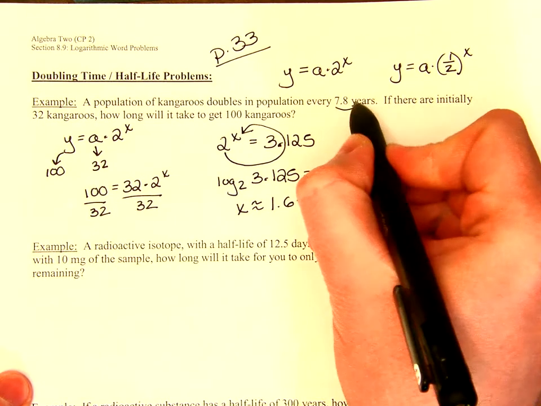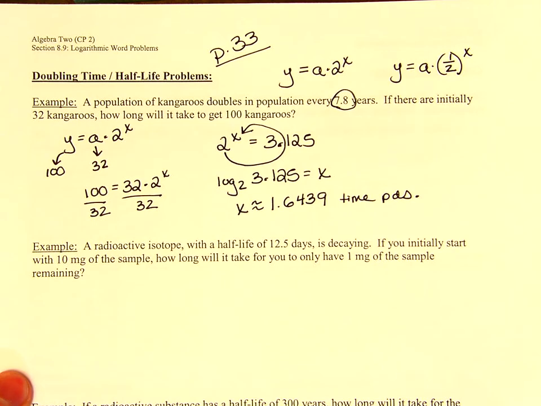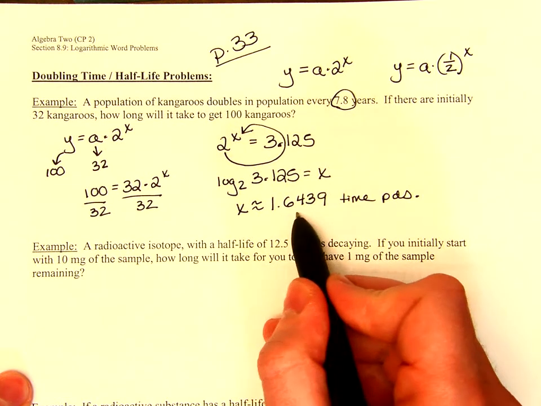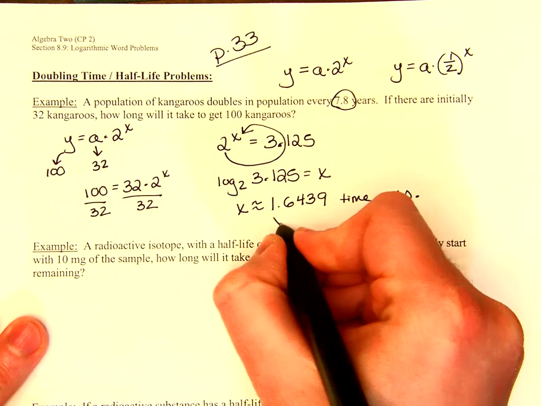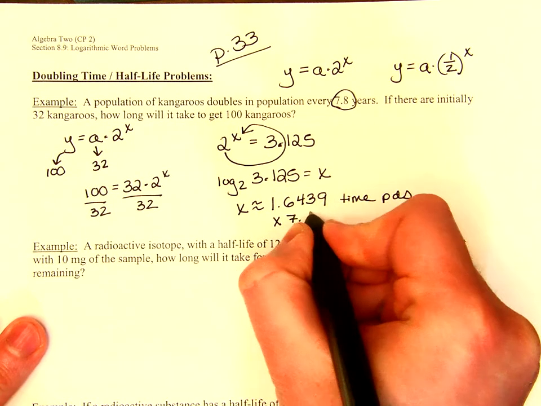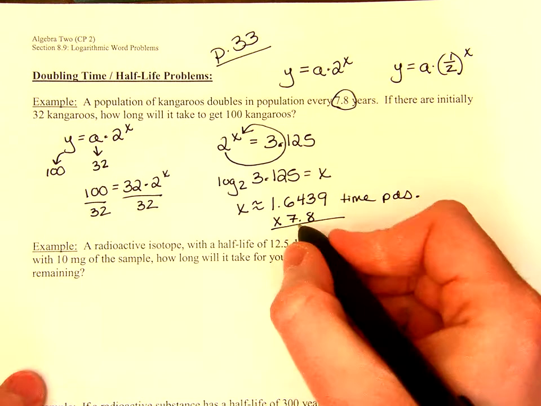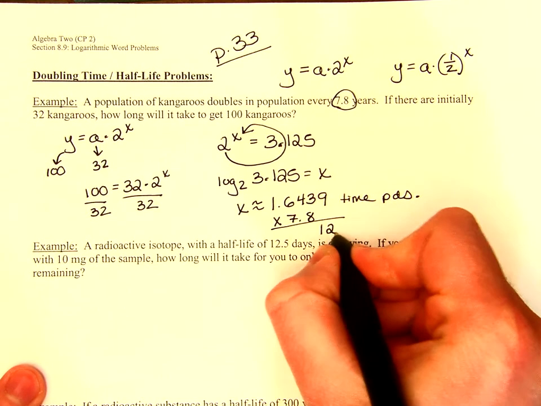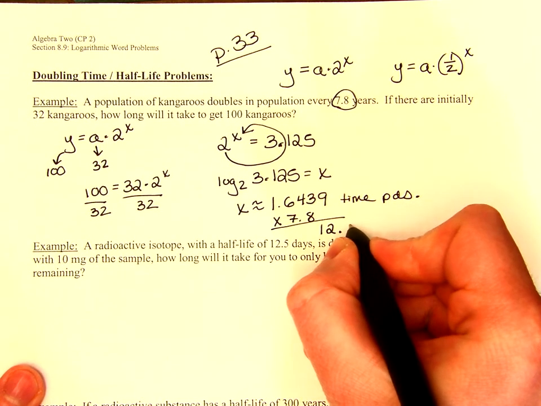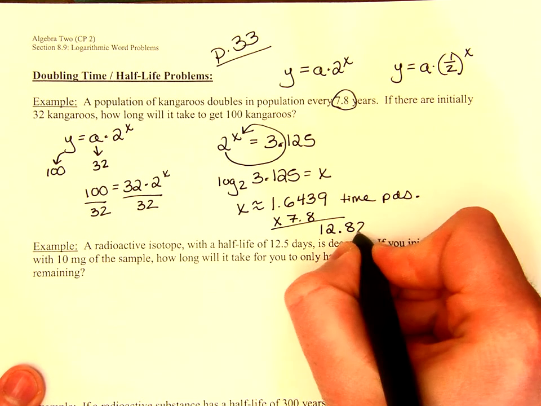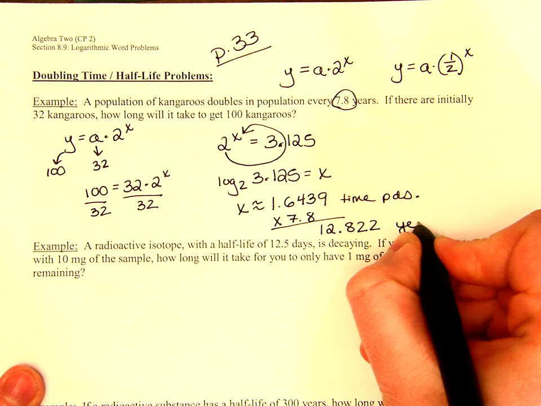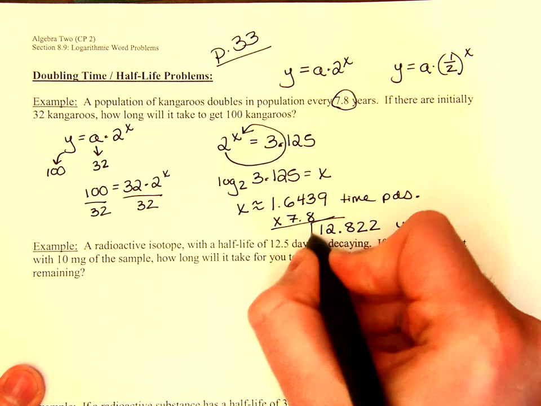In this case, how long is the time period? It's 7.8 years. If I'm waiting 1.6439 time periods, I can multiply that by 7.8 to figure out the number of years that that's going to be. I'm going to go to the calculator, take the answer that I got, multiply by 7.8, and I'm going to get 12.822 years.